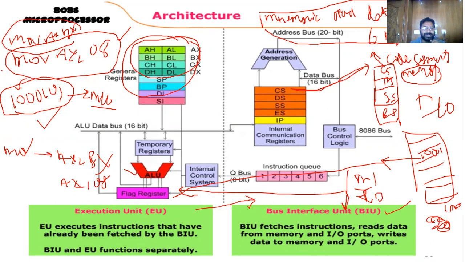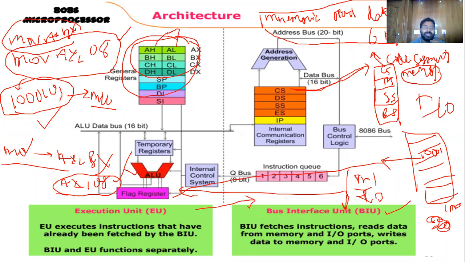So the microprocessor executes this one, move ax comma bx, and the code segment is identified. Move ax comma bx is executed, or move ax comma 08 is executed. Now the microprocessor identifies the data, and it can identify where the data is available, in AH or AL.